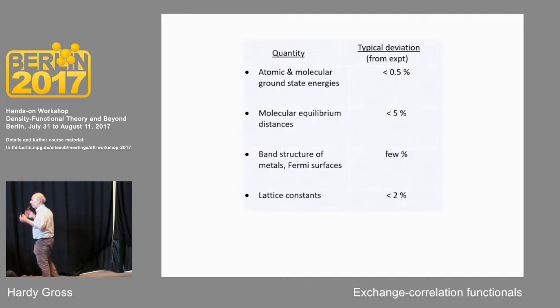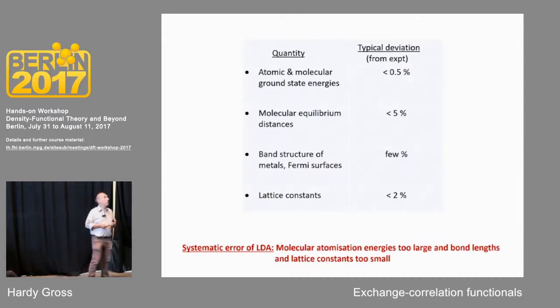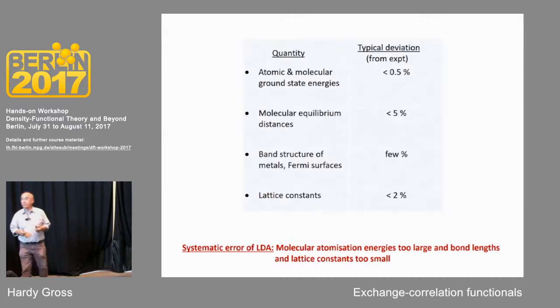So that's rough numbers, but it's a guide. But there is a systematic error in LDA, namely that atomization energies are too large and bond lengths and lattice constants are too small. So this means that the LDA overbinds. It binds the atoms together too strongly.